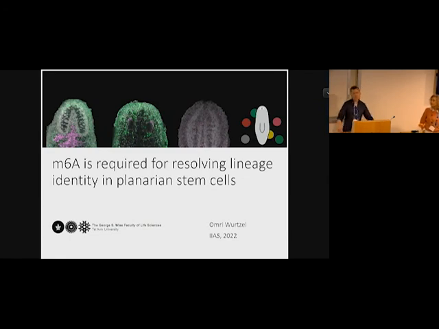Okay, so the question of whether it's going to be wound healing is a question of what you would consider wound healing. If you measure gene expression changes at the site of the injury, let's say that you make a big cut into the animal, but you don't remove any tissue.